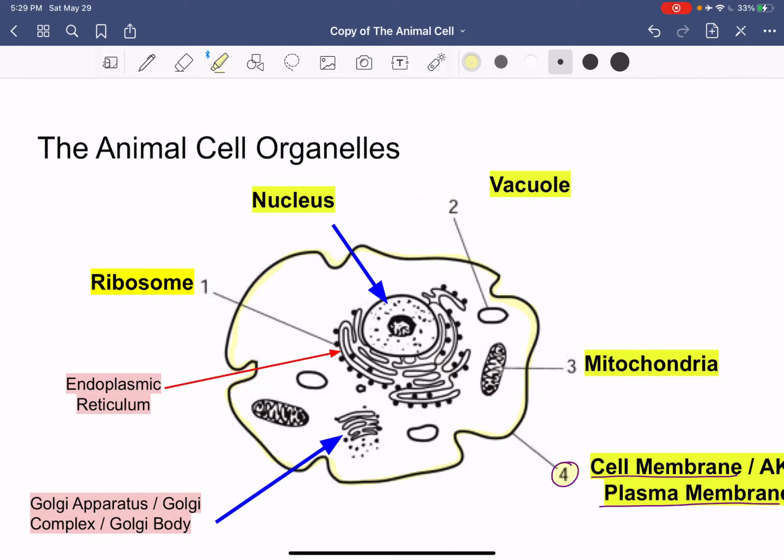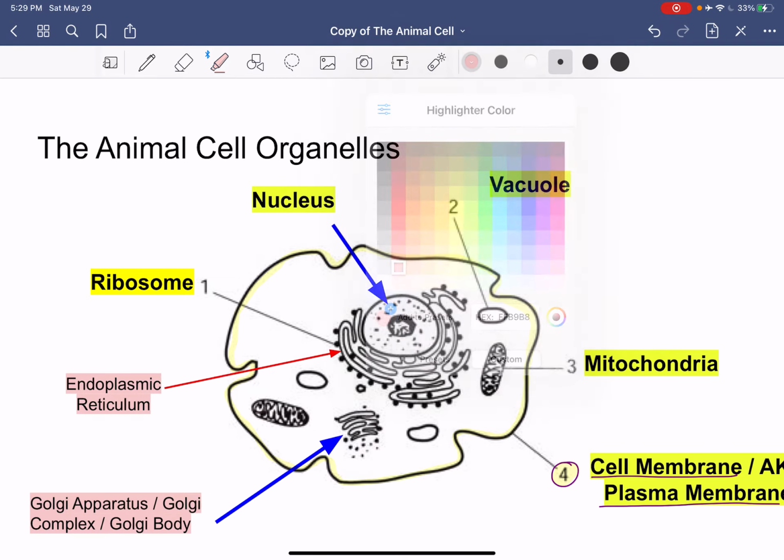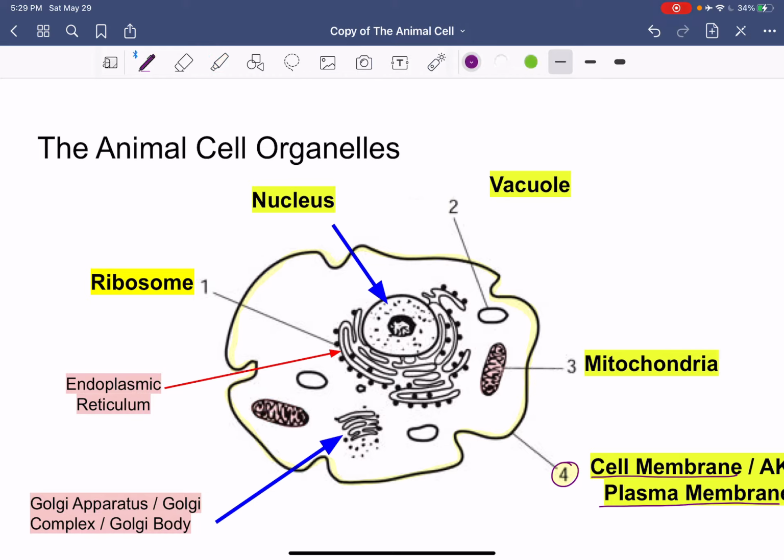Okay, next, let's do the mitochondria. The mitochondria is this jelly bean-like structure that you see here. And this cell just happens to have 2 mitochondria. Now let me draw a mitochondria on the side for you.